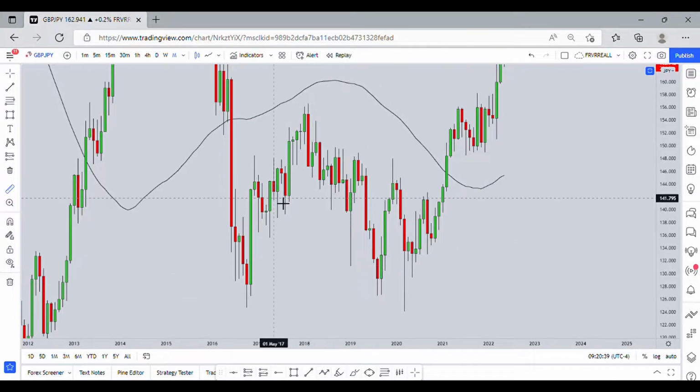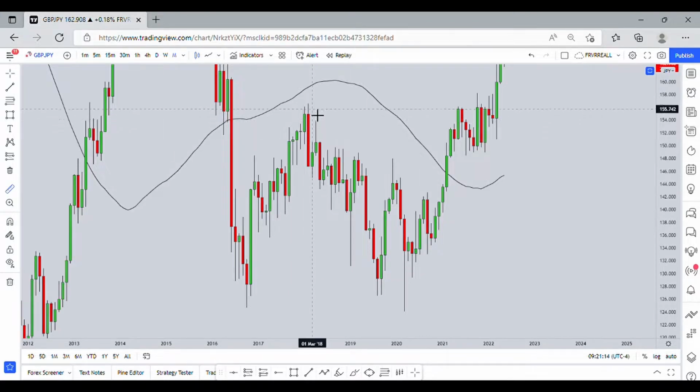So this simply means that there was too much supply of the Great Britain pound, and as a result price went down. Or it could simply mean that the Japanese yen was in high demand, and in that case it would mean there was uncertainty in the world, because the Japanese yen is a safe haven, so people invest into it to protect their money.